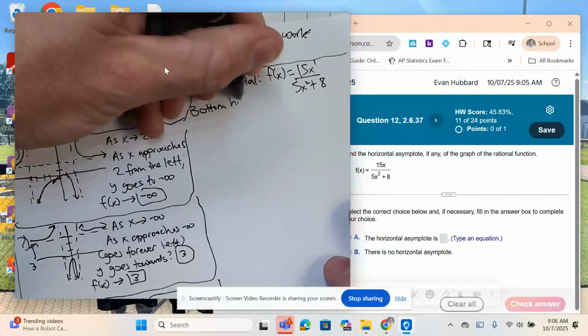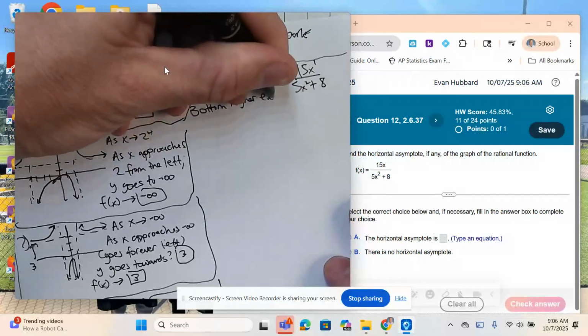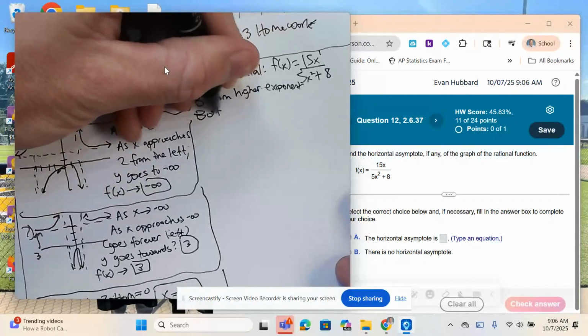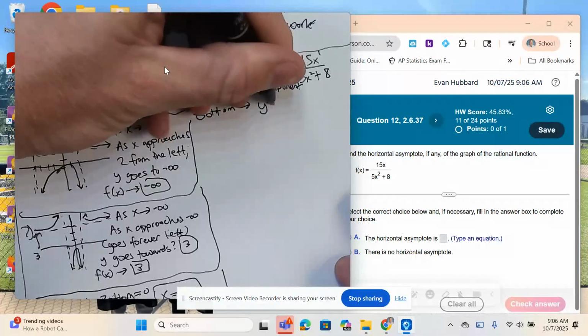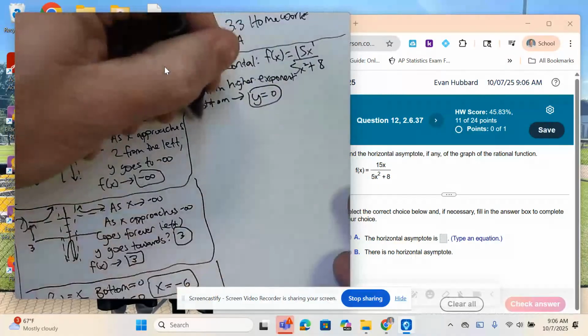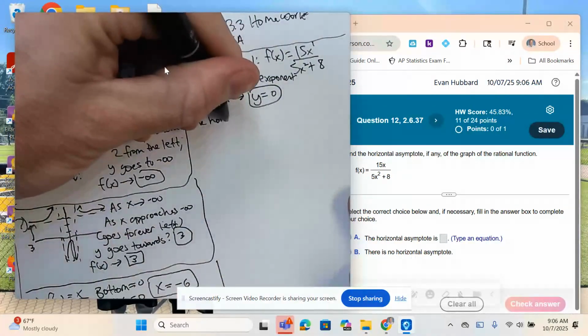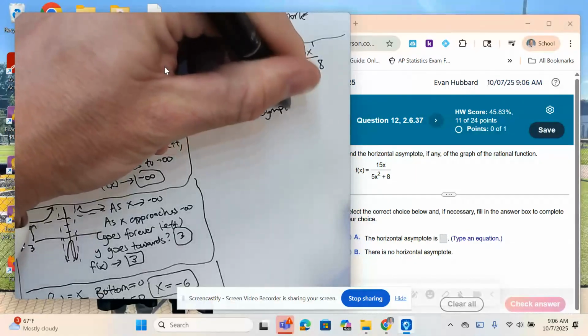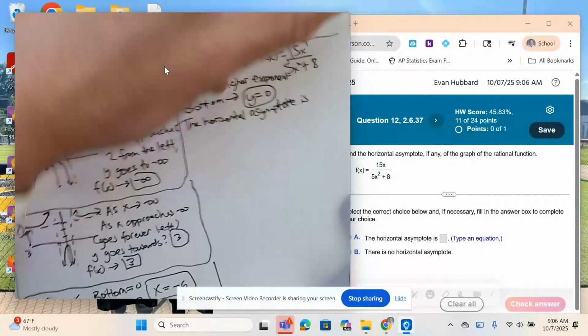When it's the bottom, it's always going to be y equals 0. So the horizontal asymptote is y equals 0.